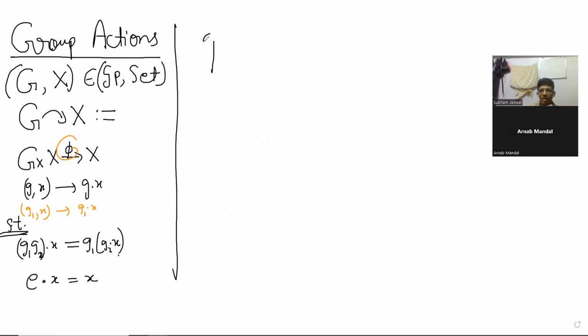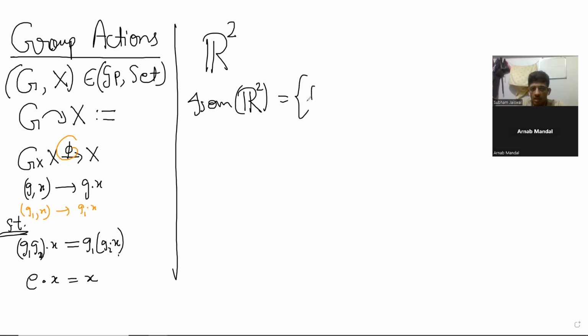The isometries of the plane story start with R2, which is the plane, and then you look at the isometries. You start with the plane and you look at isometries of the plane. So what is this? Just isometries.